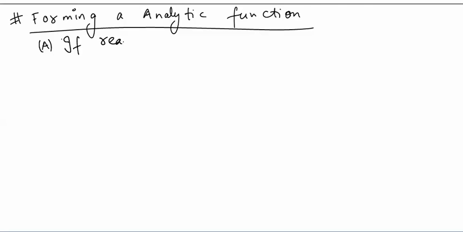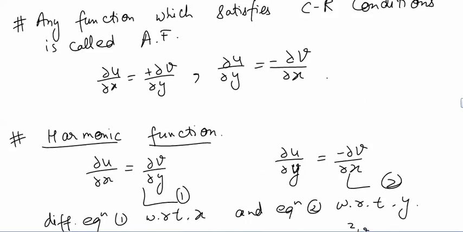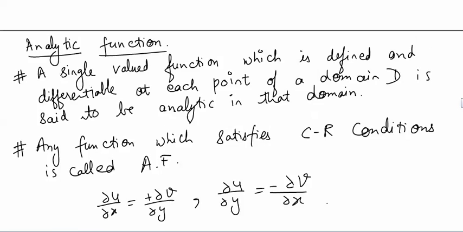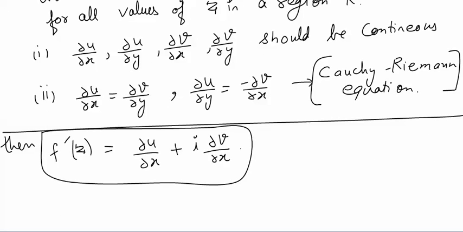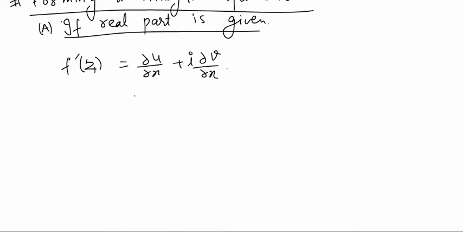If the real part is given, u(x, y) is given. We know that f'(z) is ∂u/∂x + i ∂v/∂x.